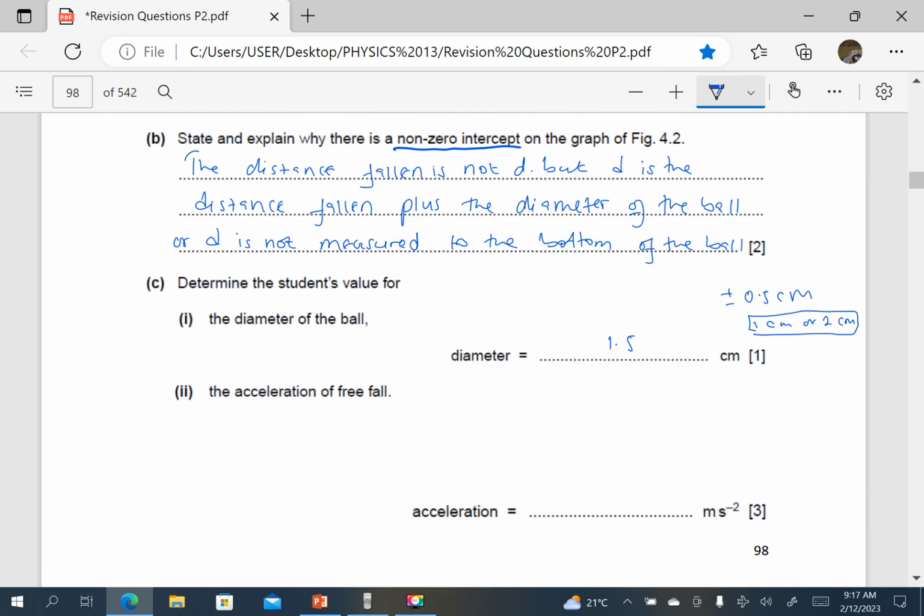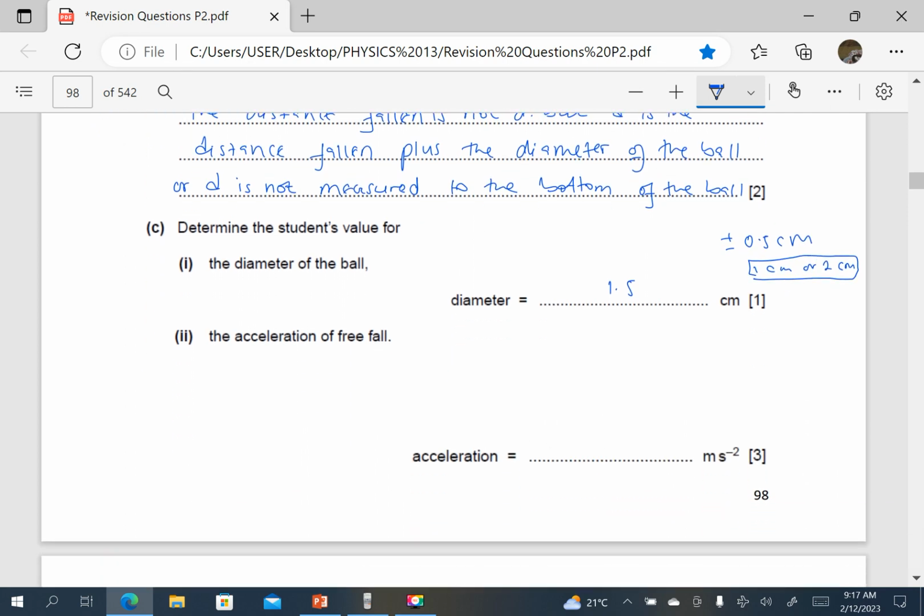Then determine the student's value for the acceleration. So it is a graph of d against t squared. Using the equation s equals ut plus a half at squared, the initial velocity was 0.